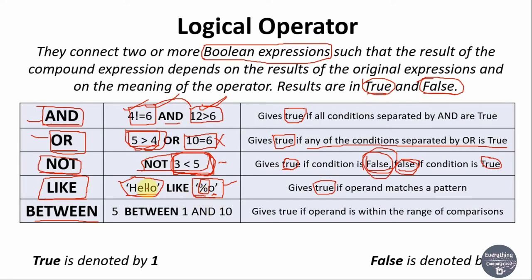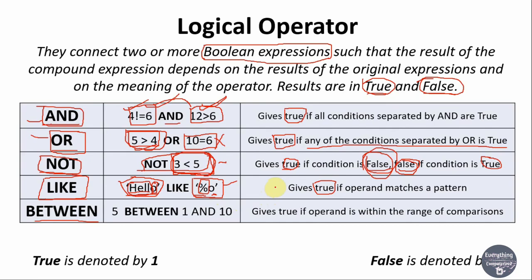So here in this expression, hello is checked for the pattern %o. So hello should end with an o with one or multiple characters present before the character o. So as we can see that hello matches the required condition that we are specifying. So this expression will return a true value.